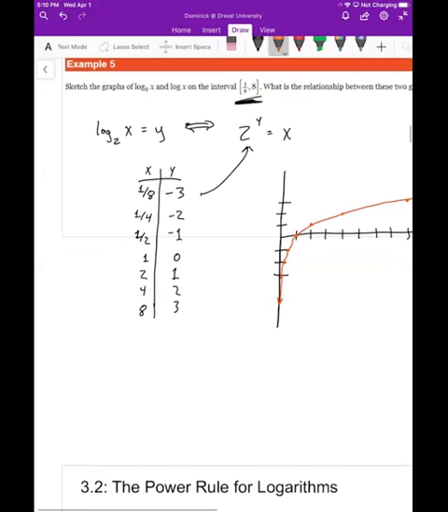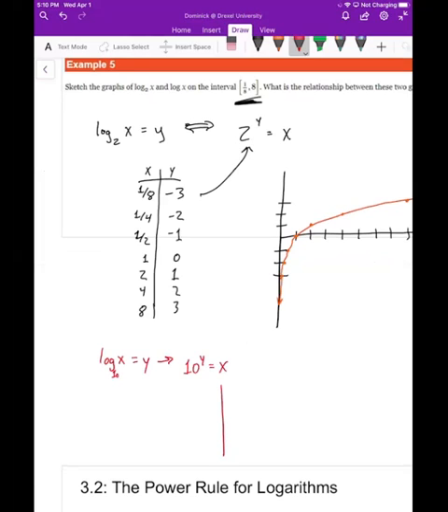Now if I use similar logic for log of x, which of course means that we have a common log, this means that 10 to the y is equal to x. Now if I look at some values here, and here I'll just do -2, -1, 0, 1, and 2, because you'll see it's going to go off the rails.